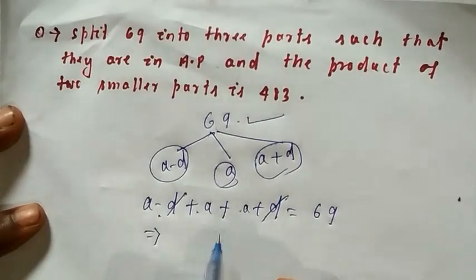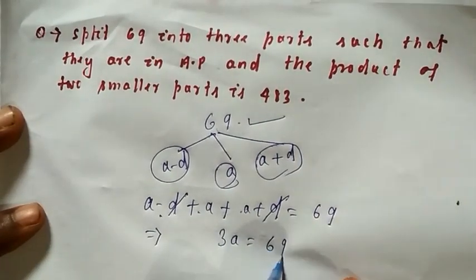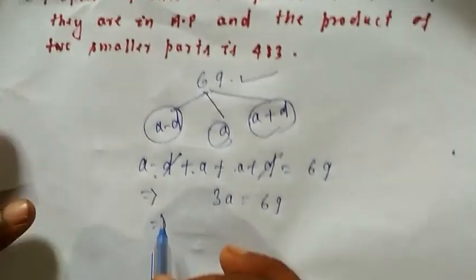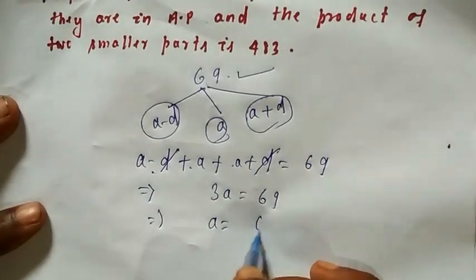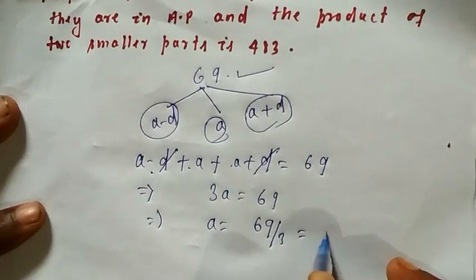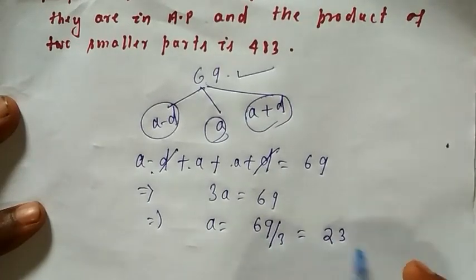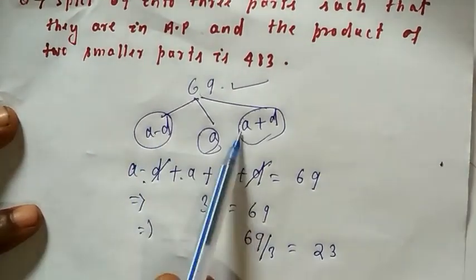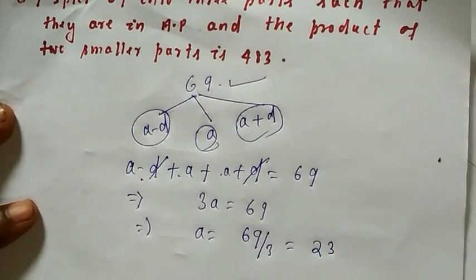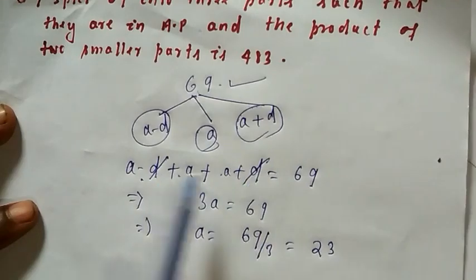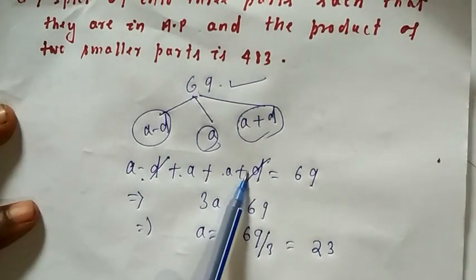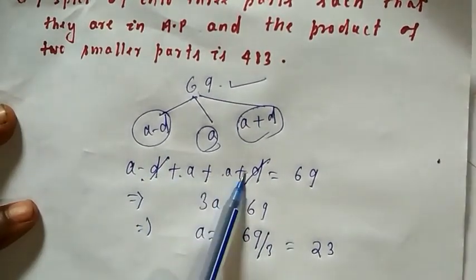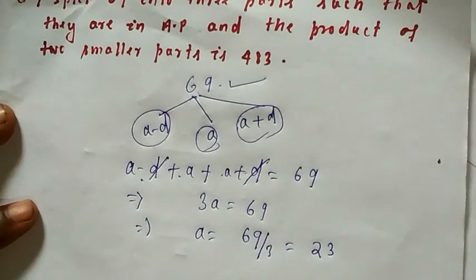So here D will be cancelled. So A plus A plus A, 3A, will be equal to 69. That implies A is equal to 69 upon 3. We are getting 23. Understood why we take plus sign and minus sign simultaneously? In order to eliminate one variable, so that we can get the other variable's value.